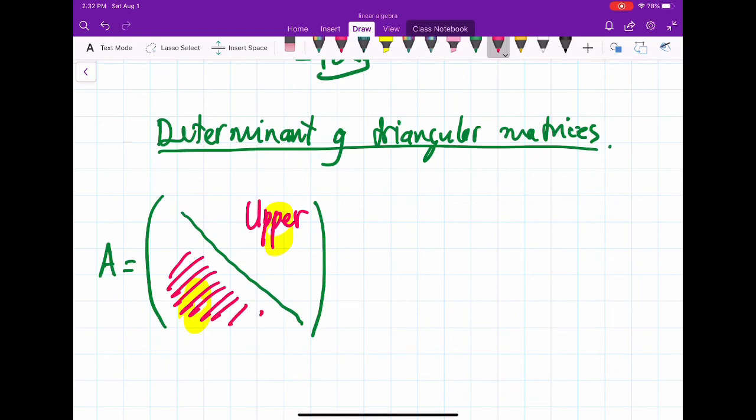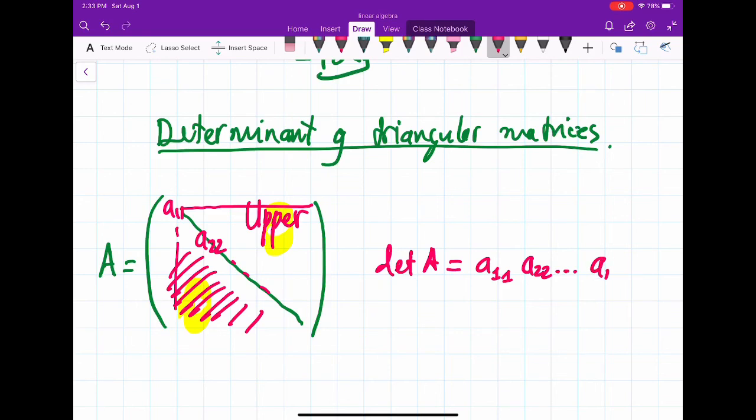And then when you expand the determinant along the first row, you have A11 in here, and then you delete that and move to A22 and so on. Overall, the determinant of A in this case is equal to the product of A11, A22, and so on, up to Ann. That works for the lower triangular matrix too. So it's pretty easy.